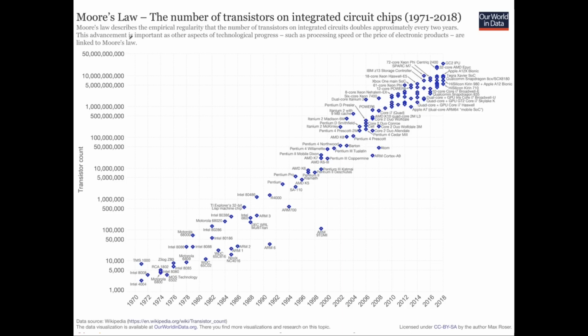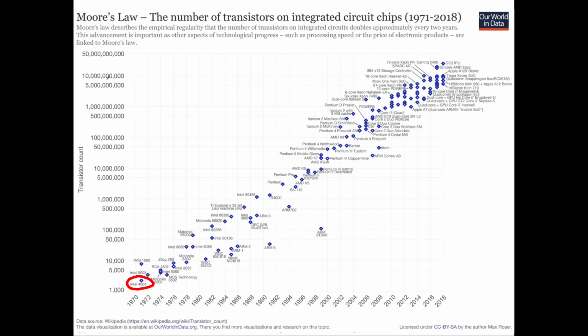Gordon Moore was an engineer at Intel who, at the beginning of the 70s, when the first microprocessor, the Intel 4004, was designed and built by Intel, anticipated that the density of transistors that engineers would be able to put inside a single chip would approximately double every 2 years. It's been like that for a very long time up to today. Today it's a bit slower evolution, but it's been like that.